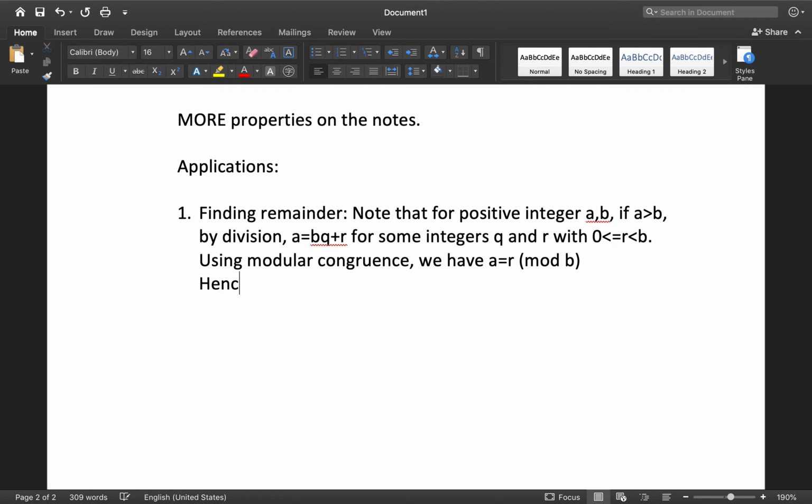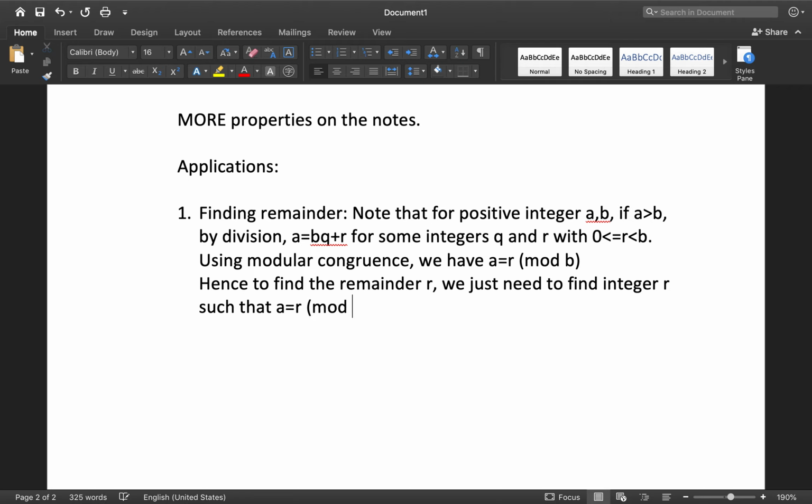Hence to find the remainder r, we just need to find an integer r such that a is congruent to r modulo b, making sure you satisfy that relation. So r must be bigger than or equal to 0, but strictly less than b. Once you find that integer r, this is exactly the remainder. So let me show you some examples.